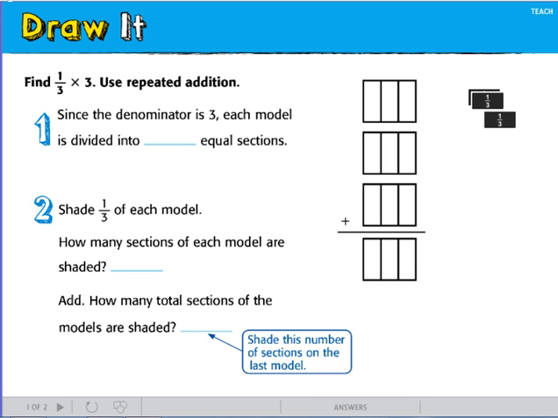Okay? So, I want you to line your tiles up next to each other. Like so. So how many thirds do I have lined up? 3. So, I have 3 thirds. Okay? So I have 3 thirds. Okay?